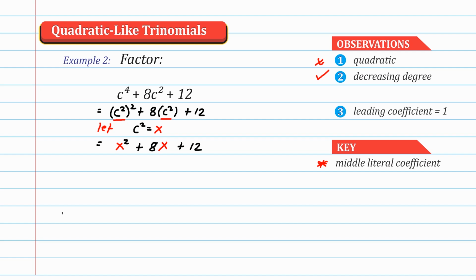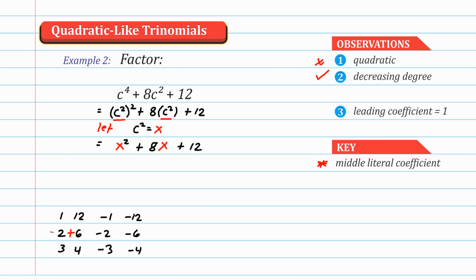Factor pairs of 12. We have 1 and 12, negative 1 and negative 12, and then 2 and 6, negative 2 and negative 6. We have 3, 4, negative 3, and negative 4. Look for factor pairs with sum equal to 8. Just by observation, we need to be quick.